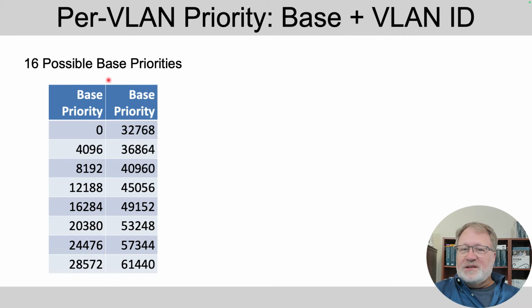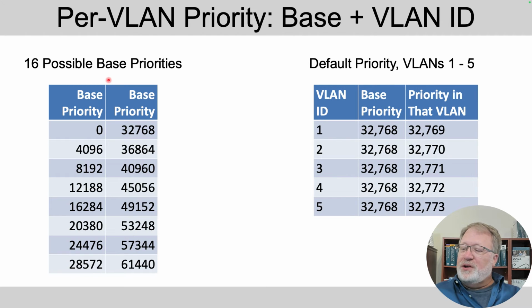With spanning tree on a Cisco switch, there's a spanning tree for VLAN 1, a different one for VLAN 2, a different one for VLAN 3, and so on, per VLAN spanning tree. So the priority used, say if you've got the default base priority of 32,768, the actual priority in VLAN 1 is that plus 1, or 32,769.